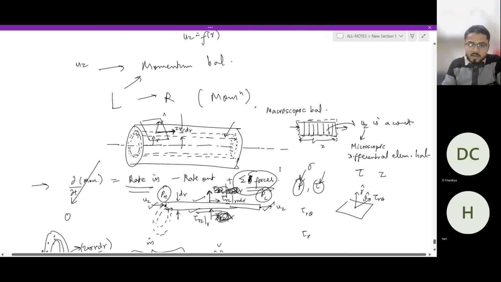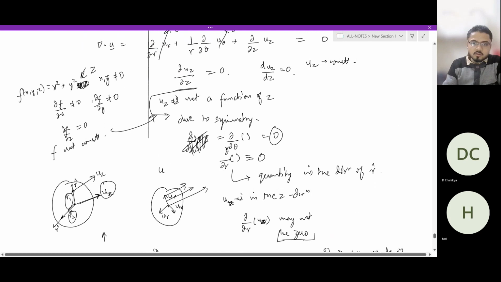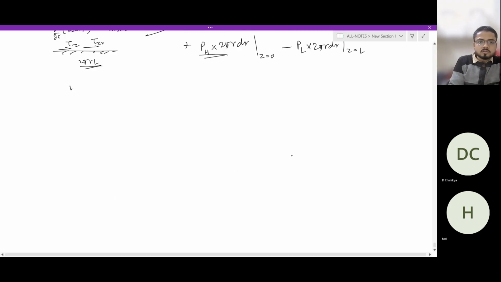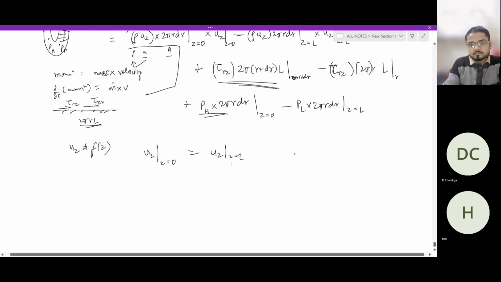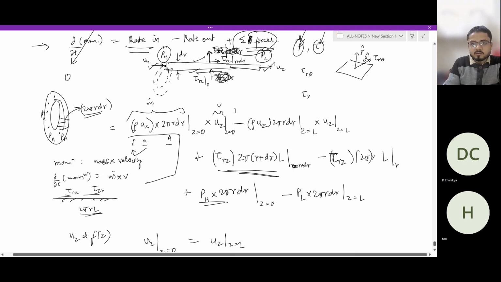Now we go back again to this condition. We observed this, right? So we know uz is not a function of z, right? So this means that uz at z equals to 0 should be equal to uz at z equals to L, right? So what do you see here?